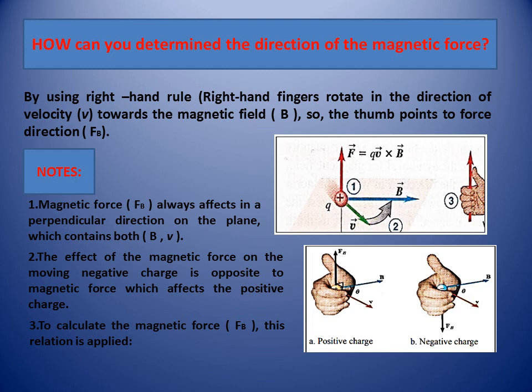Number 3, to calculate the magnetic force, this relation is applied: magnetic force equals charge, velocity, magnetic flux density, and the sine of the angle between the velocity vector and the magnetic flux density vector.